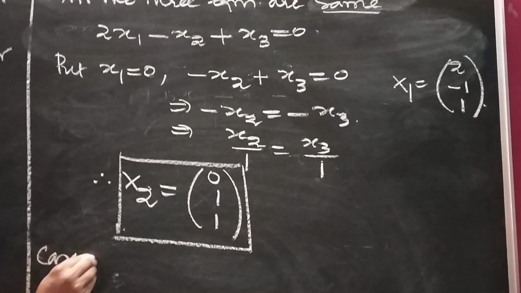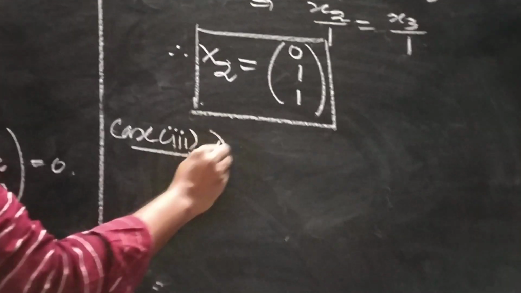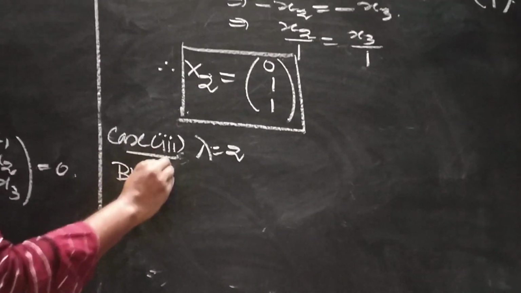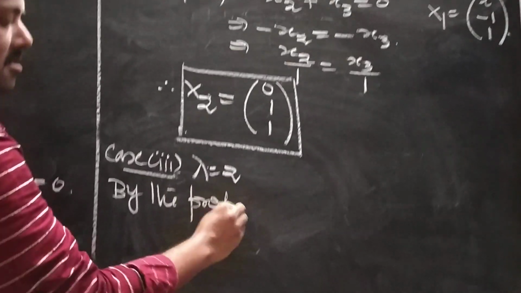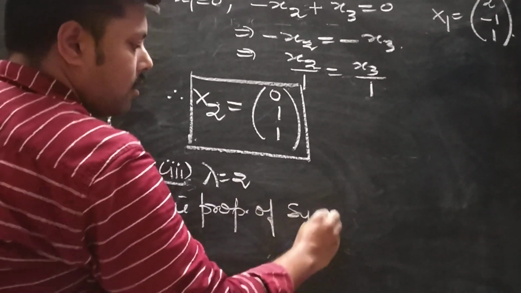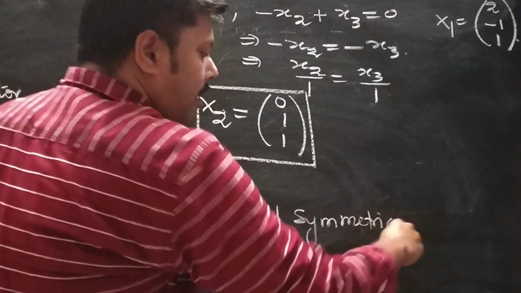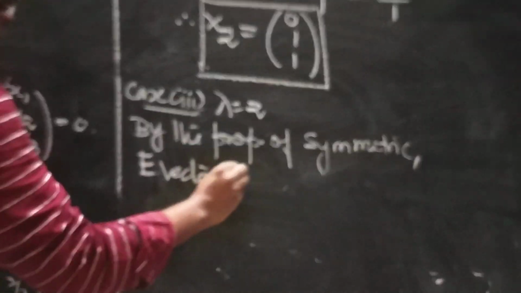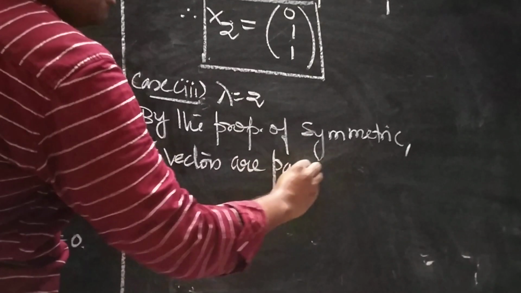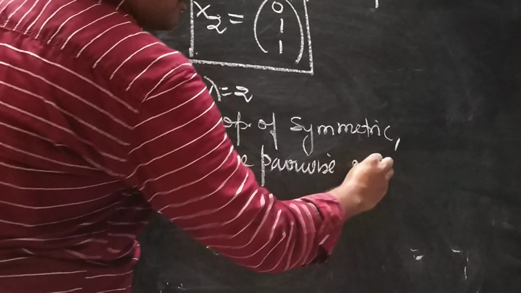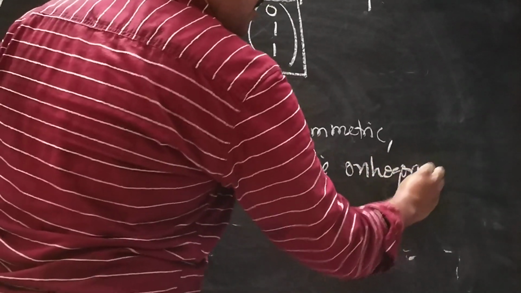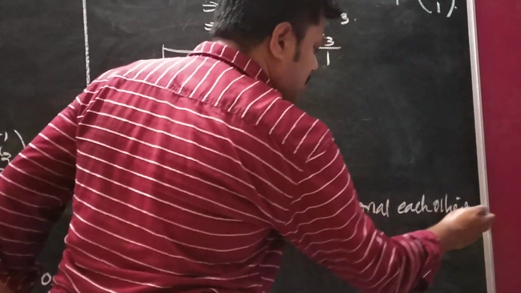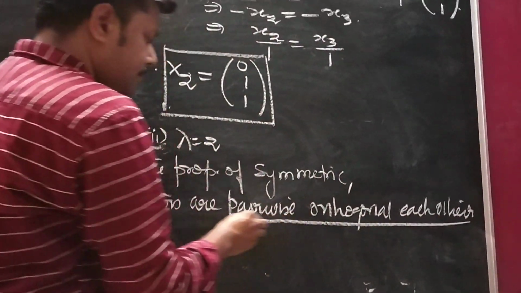Case 3. Here 2 repeated twice, right? Repeated eigenvalue. So, by the property of symmetric matrices, eigenvectors are pairwise orthogonal to each other.